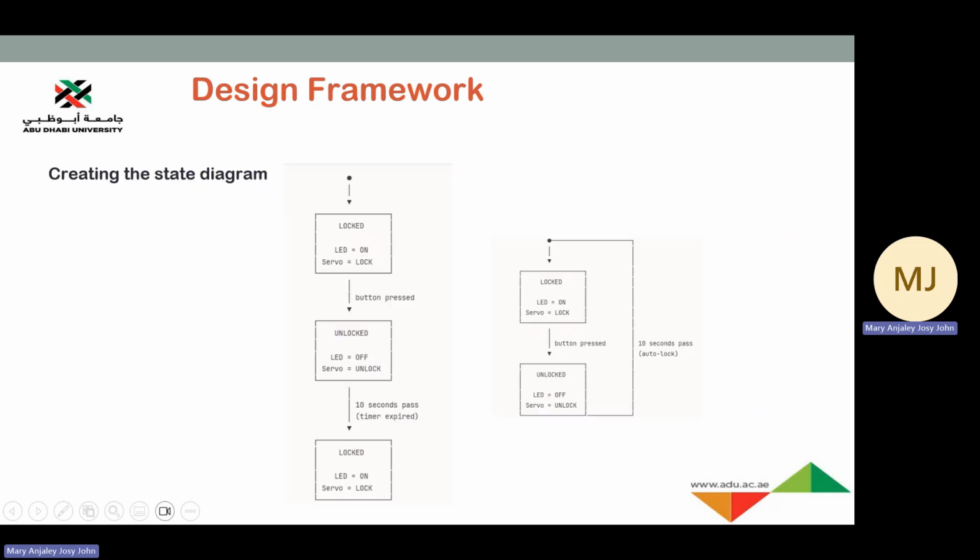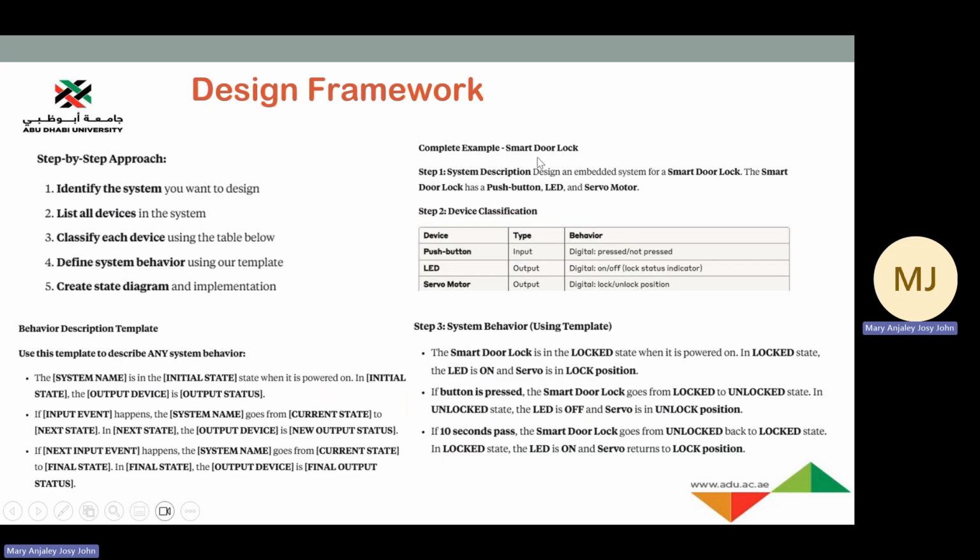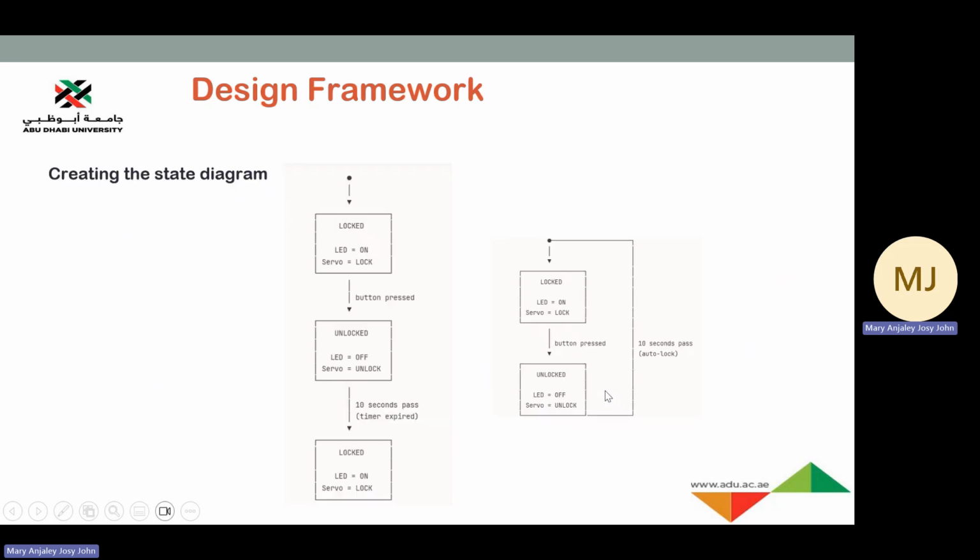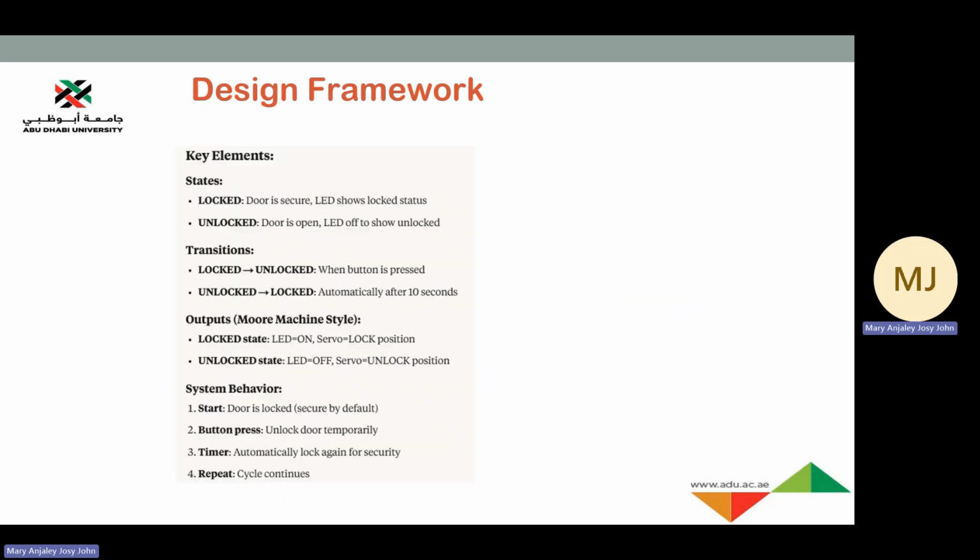But the most important part is identifying the devices, classifying them, writing the system behavior, and drawing the state diagram. You should know what the states are. For example, when you do a task, you should know what the states are, what the devices are, the input, output, the sensors. You should follow this pattern.